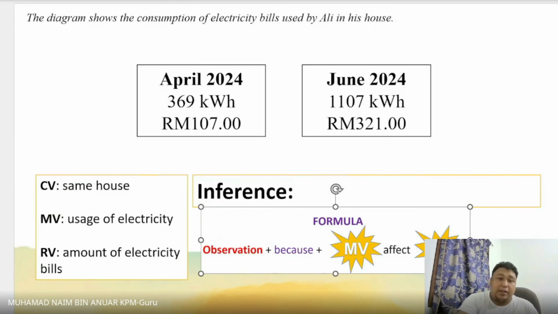No need to write the 369 kilowatt. No need to write that. Just follow the one I give to you. You simply can answer this correctly. Because if you don't follow this one, sometimes you are not making sense in writing your answer.